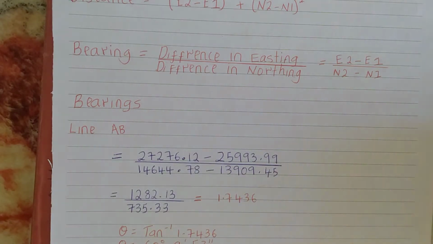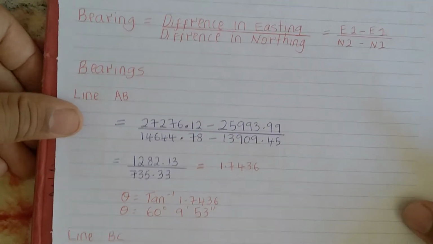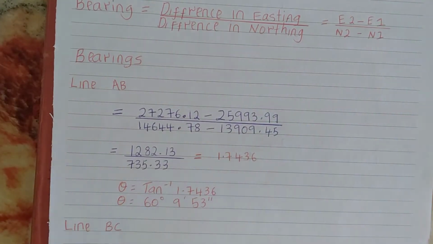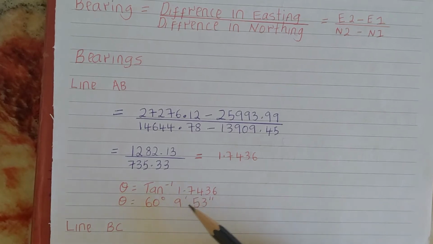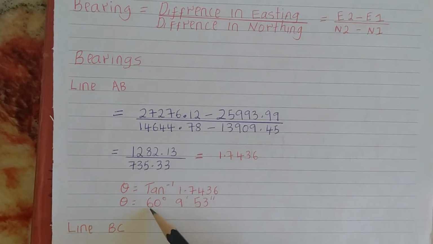You can maintain 4 decimal places or 3 depending on how you want. So to find the bearing, I'll find the tan inverse of 1.7436. When you press tan inverse in your calculator, you'll get 60 degrees, 9 minutes and 53 seconds.